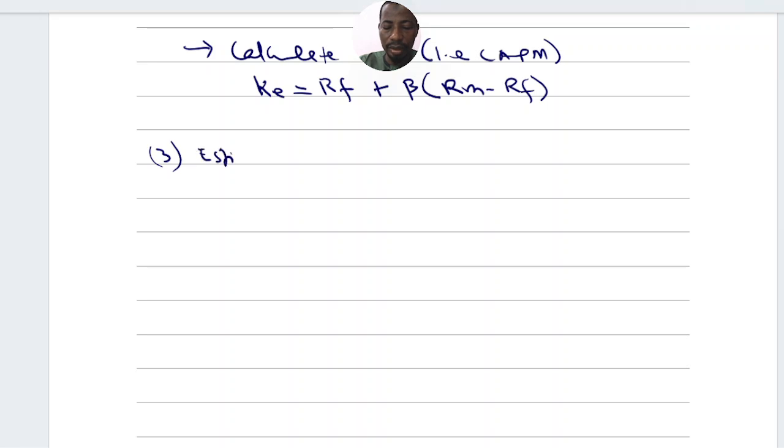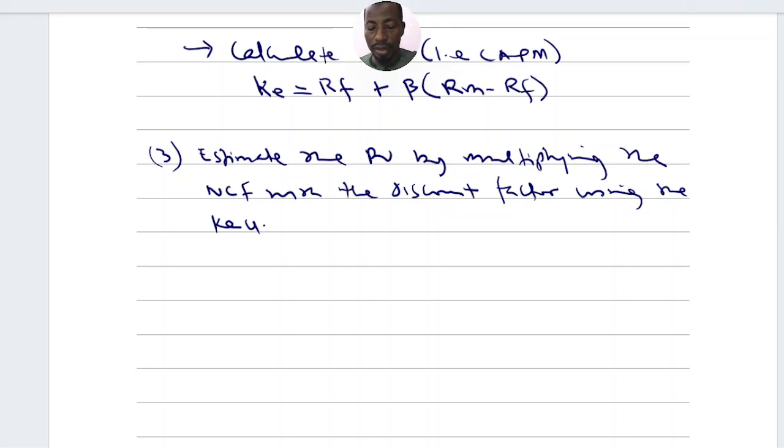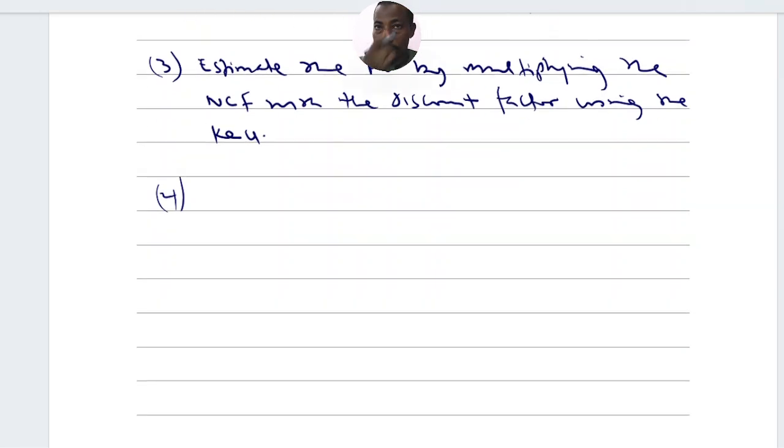Estimate the present value by multiplying the net cash flow with the discount factor using the cost of equity ungeared. Then step 4, you then calculate the base case NPV.